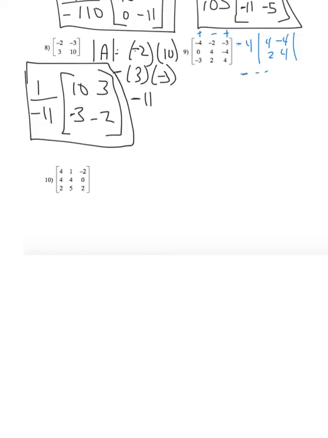Minus, I need the -2 times its determinant, which will be 0, -3, -4, and 4. So that's taking this one. Now I'll take this one, so plus -3 times its mini matrix of 0, 4, -3, and 2.